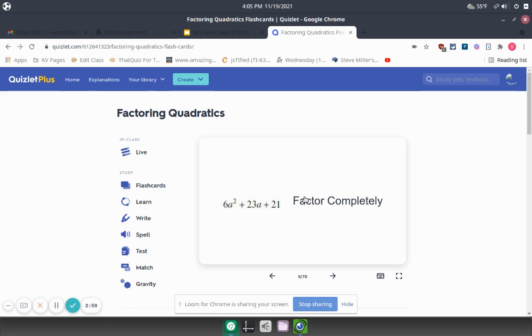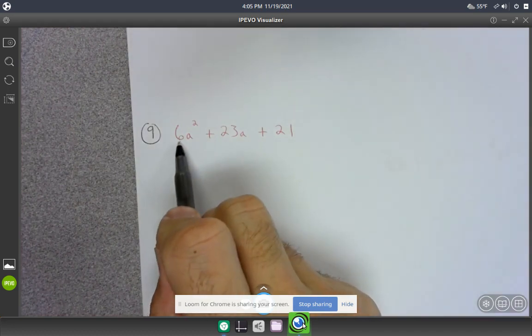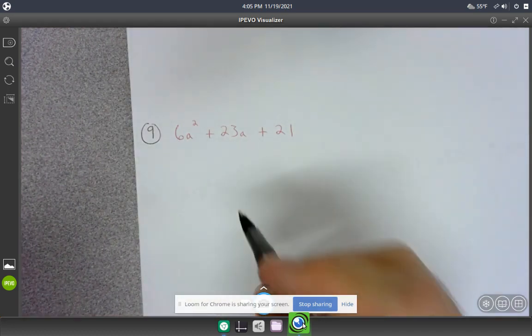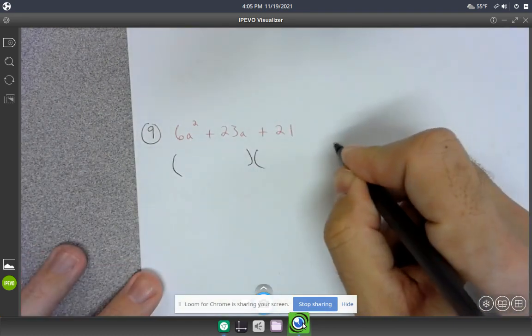Okay, so I got 6a squared plus 23a plus 21. Again, check for a GCF first. Most important thing. There's no number that all three of them have in common, so I can go ahead and jump straight into trying to factor this thing.